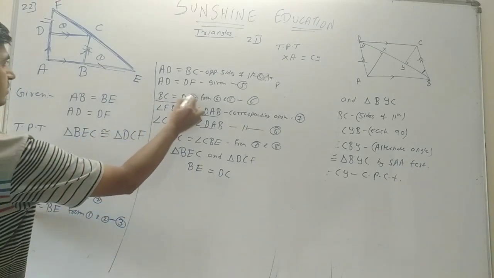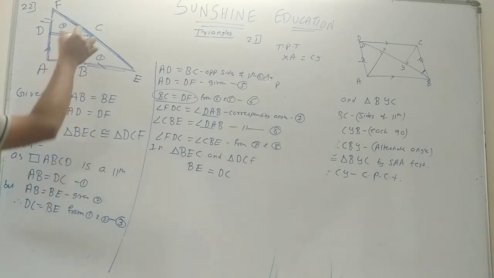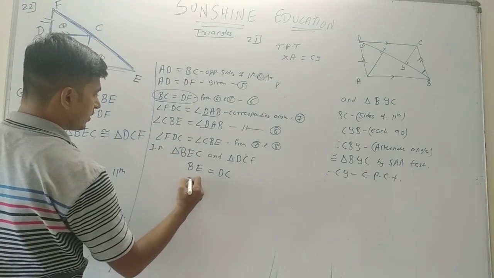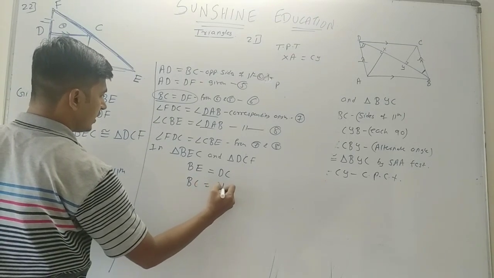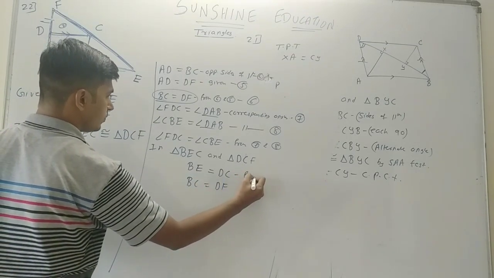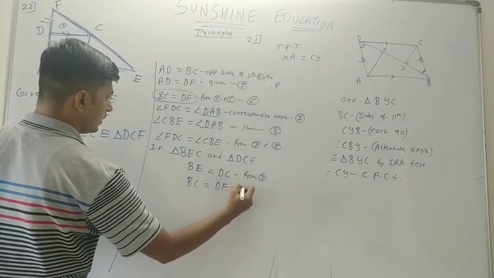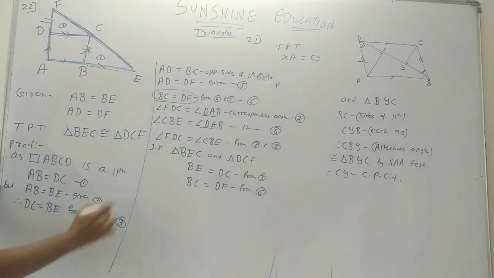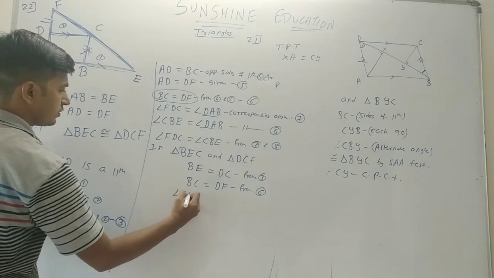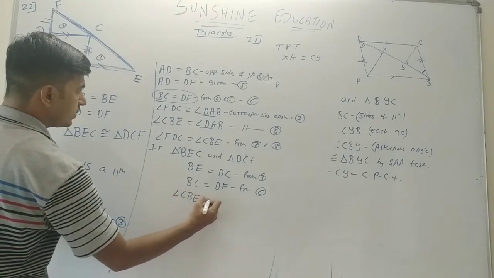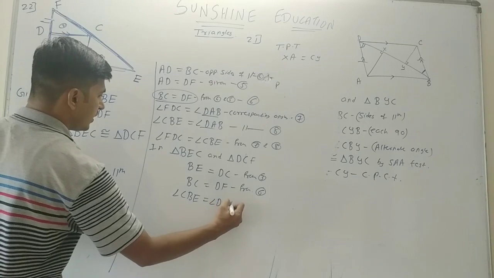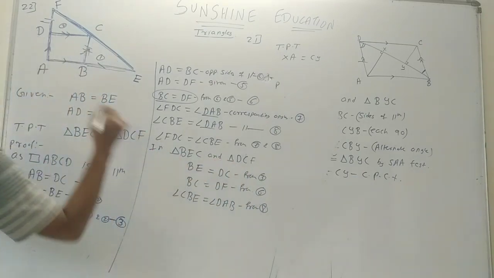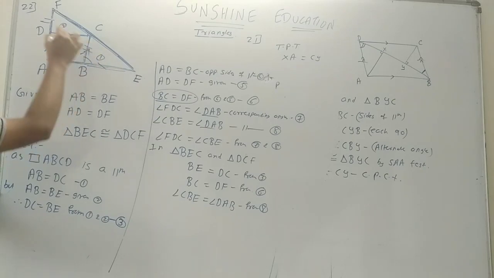Then we have BC is equal to DF, vertical line. BC is in this triangle. BC is equal to DF from 6, and we have these two angles.